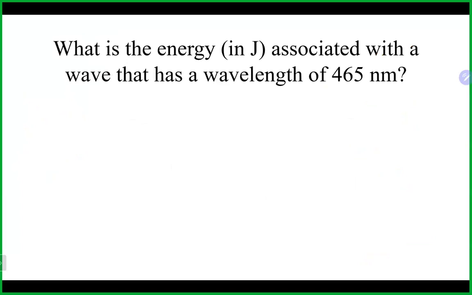Okay, so let's take a look, see how we're doing. We're looking for energy here. So energy is h, which is Planck's constant, times the frequency. In this case, we are looking for energy. We are given the wavelength, which is 465 nanometers. So we don't have the frequency.